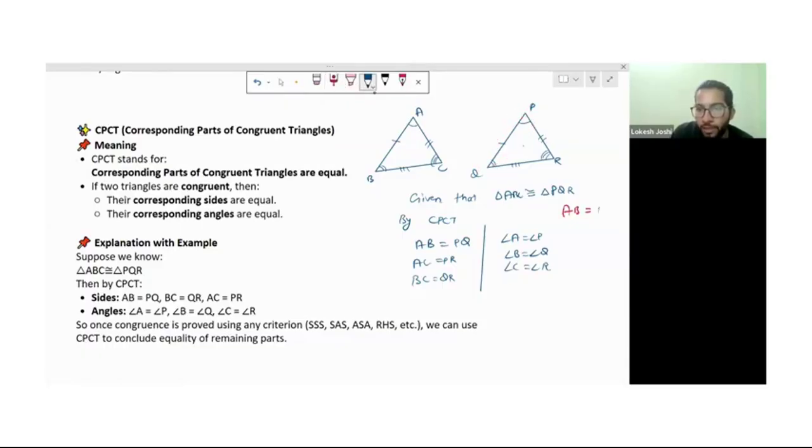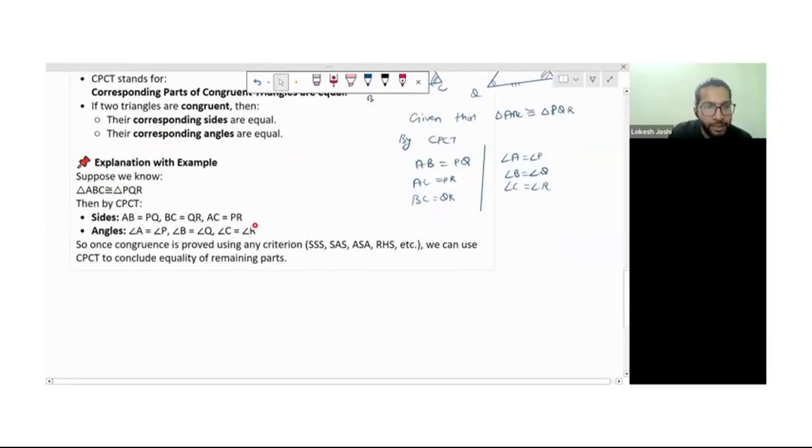If you write AB is equal to PR, then it's wrong. So you have to keep this in mind. And in the word itself, it's written corresponding parts, so it's necessary.